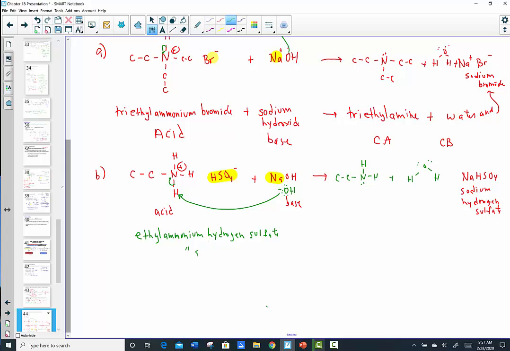This was the salt that we started with, and it reacted with sodium hydroxide, and it formed ethylamine plus water plus sodium hydrogen sulfate. And those sodium and hydrogen sulfate ions are just the positive and negative spectators ending up together based on opposite charges. A proton was transferred to get me back to the original amine, ethylamine, which forms with treatment of a strong base.